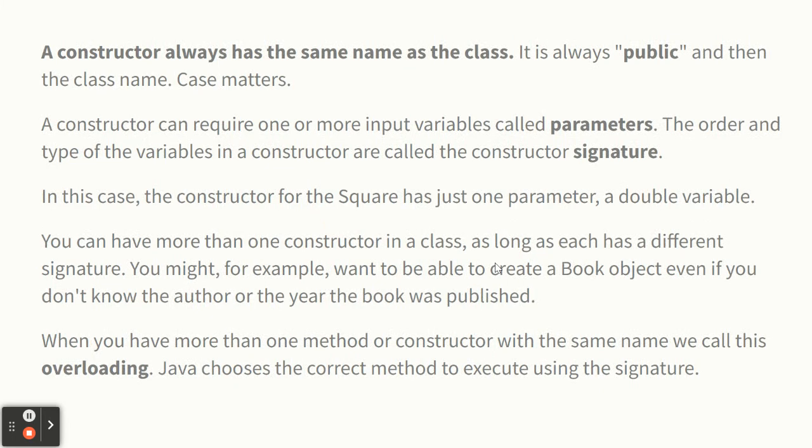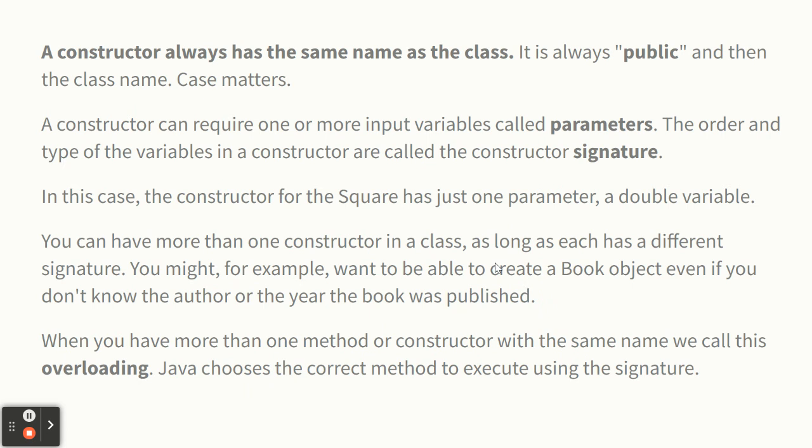A constructor always has the exact same name as the class, and the case matters. A constructor can require one or more input variables called parameters, and the order and type of those parameters are called the constructor signature. In this case, the constructor for the Square just has one parameter, a double variable.